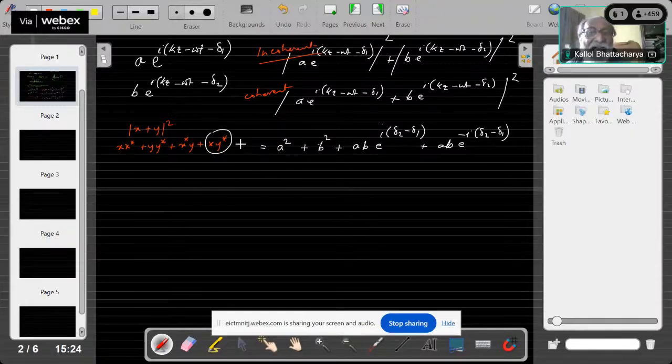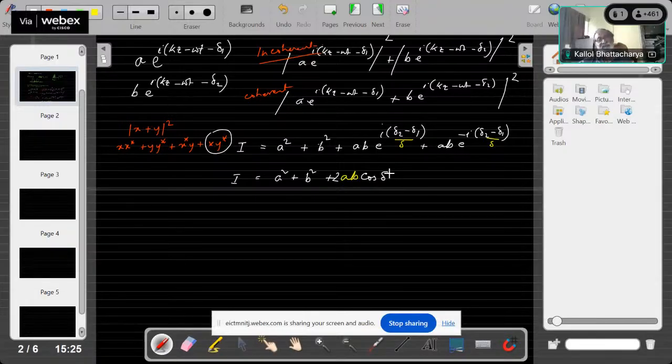So the result of interference I is equal to A square plus B square plus, if we write this whole thing as delta, then it is AB into e to the power i delta plus e to the power minus i delta, which will actually give you 2 cos of delta.